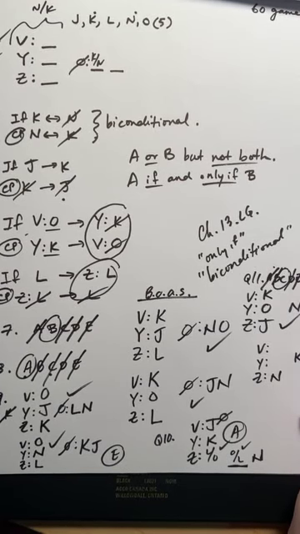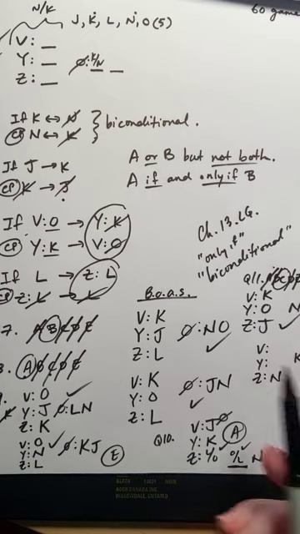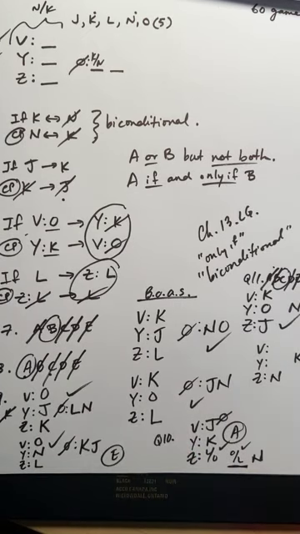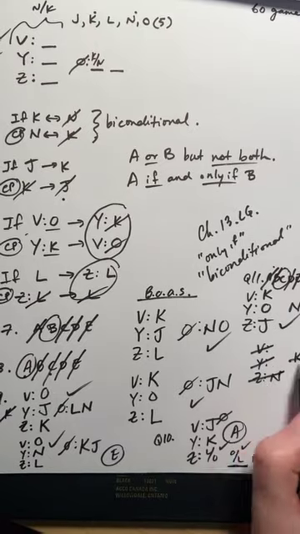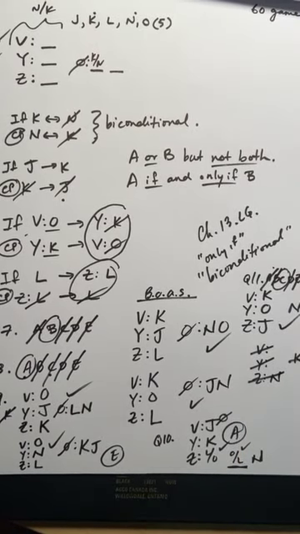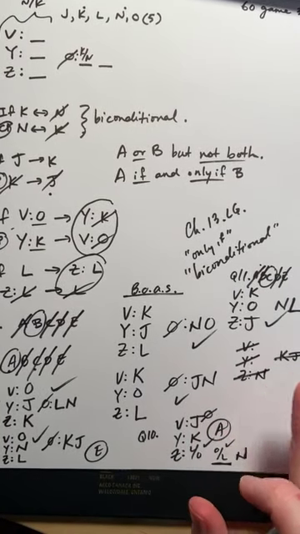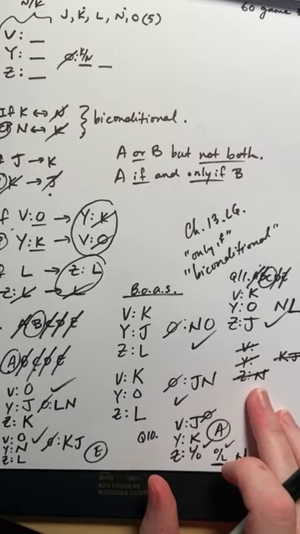Those 2 being out means L would have to be in and O would have to be in, but we run into a problem where if L is in, L is supposed to be in Zambia, but it's already been taken by N, so there's just no way to make this one work. So crossing that out to indicate for the future that that is definitely not an acceptable solution.